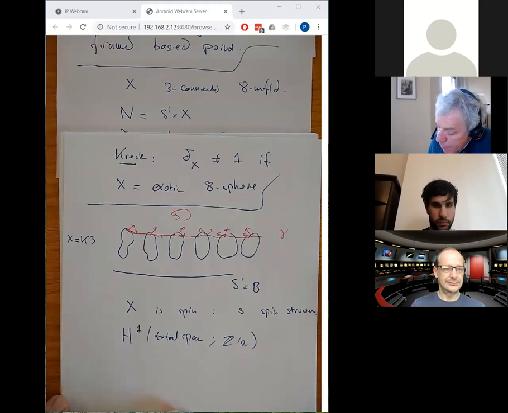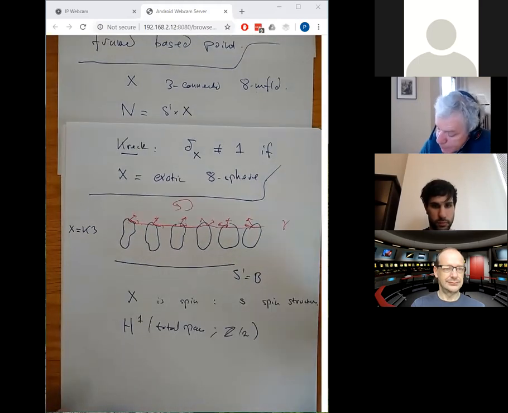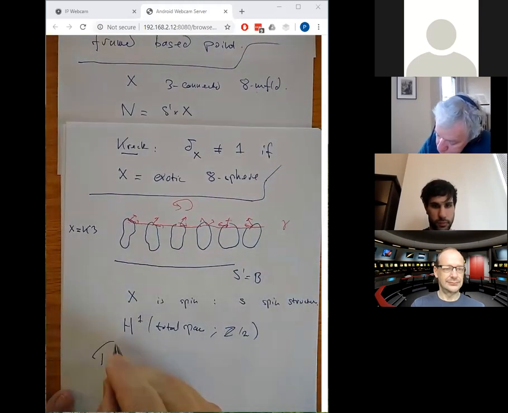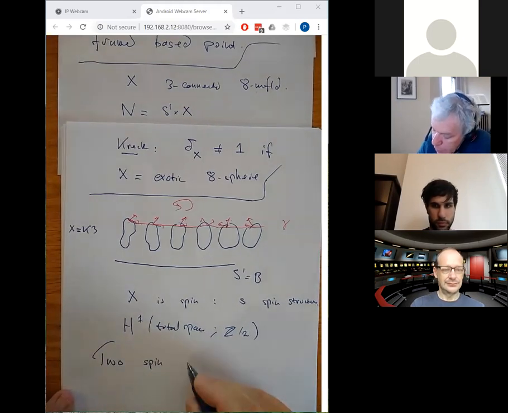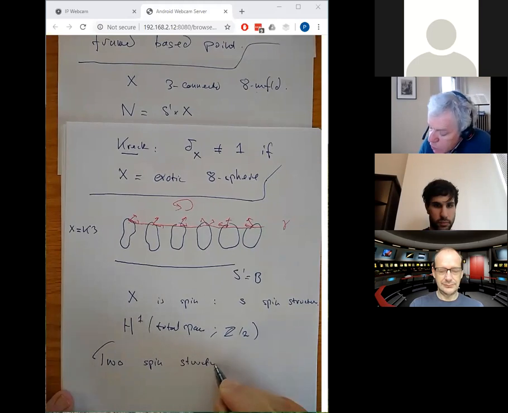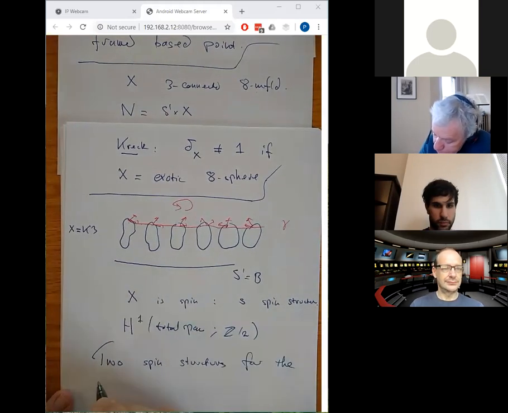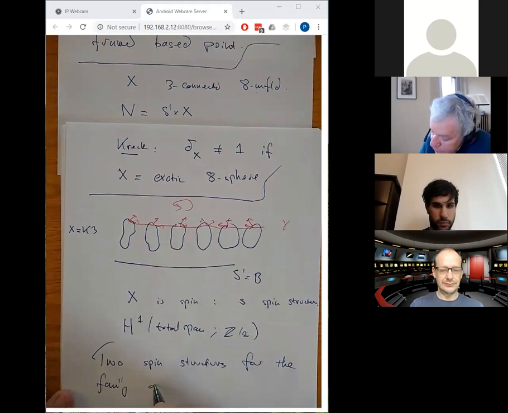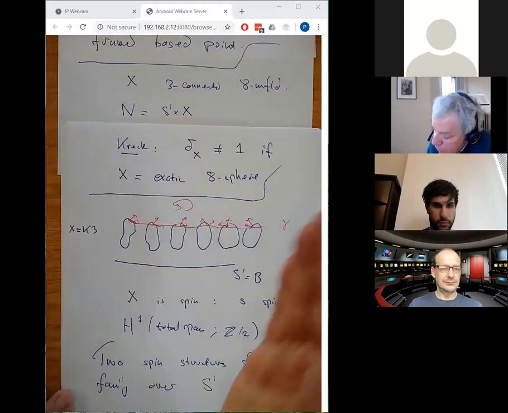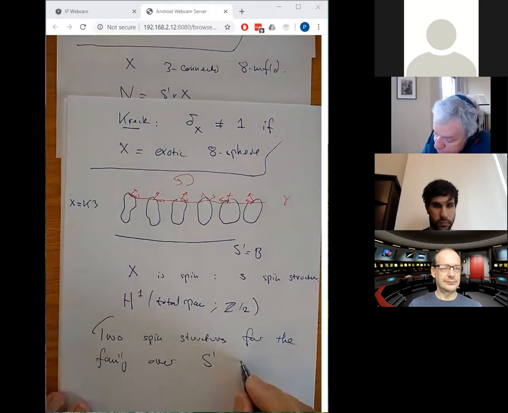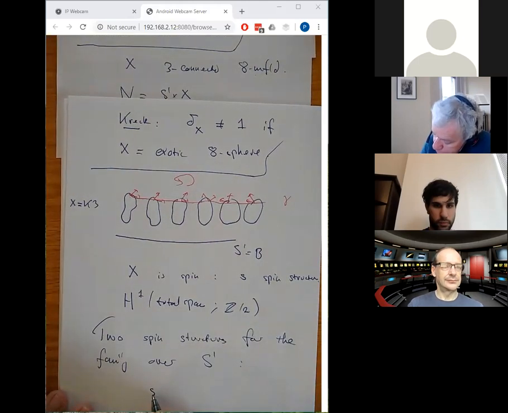There's two spin structures for the family. That's fiber-wise spin structures on these K3 surfaces. There's the product one, S0, and there's the non-trivial one.